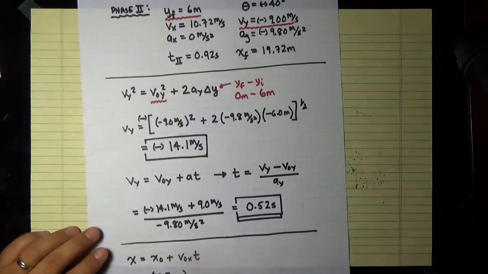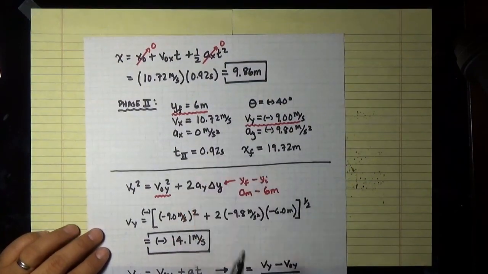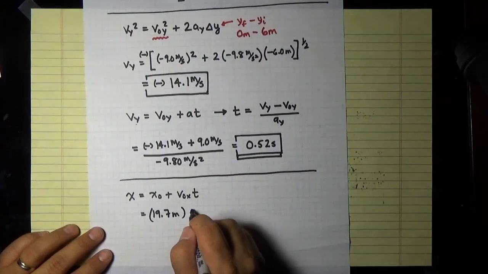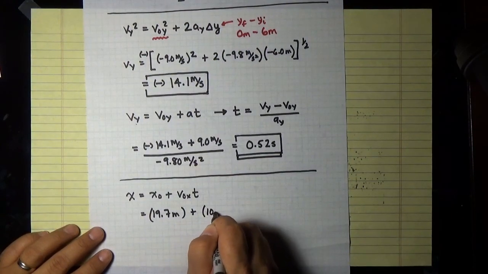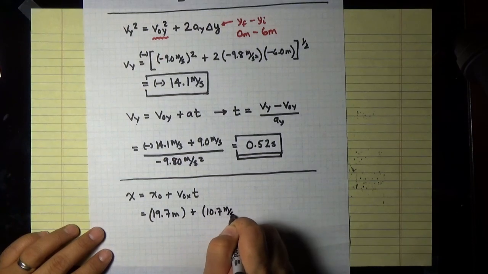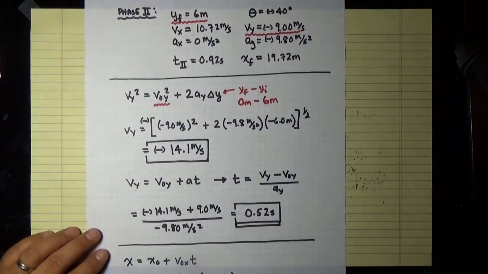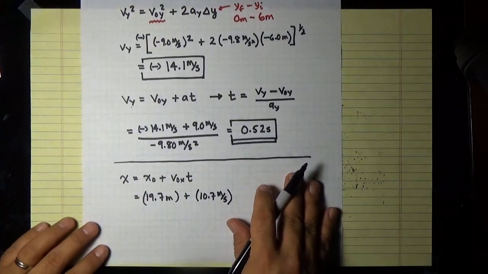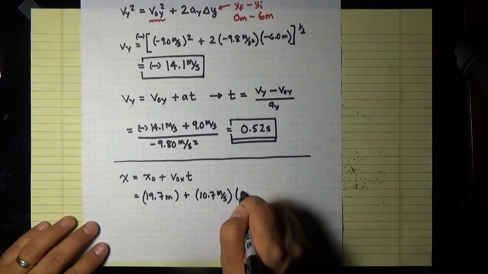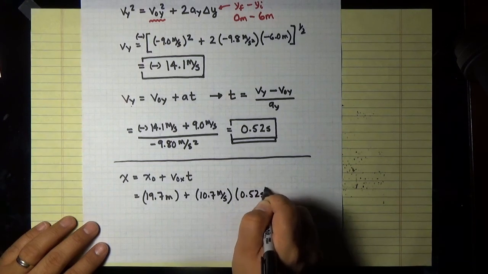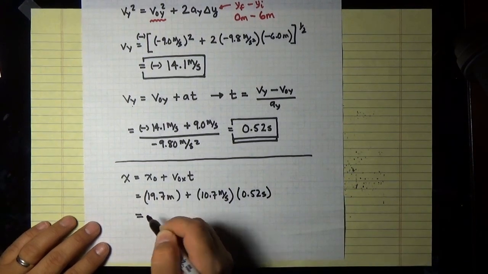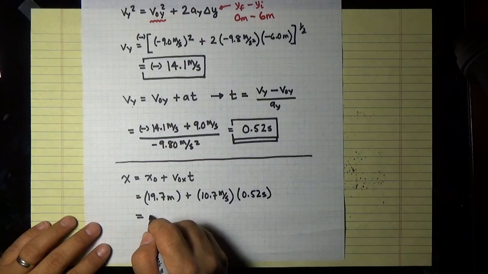V naught x is the velocity we had at the end of the last phase, 10.7 meters per second. And the time is the time elapsed in this phase, which is 0.52 seconds.